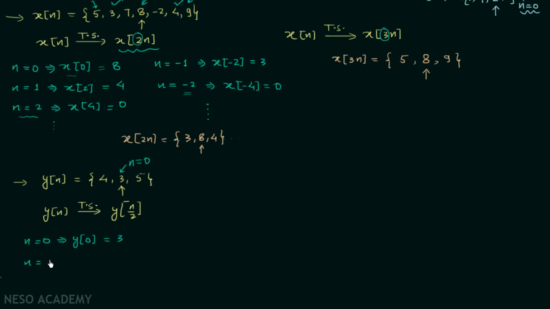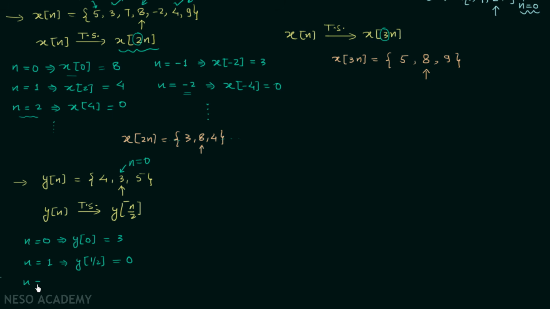Similarly, we will put n equal to 1. This will give us y1 by 2. And you can see that there is no corresponding value of yn for n equal to 1 by 2. Because n cannot be 1 by 2. N is an integer and it cannot be 1 by 2 or 0.5. So 100% we are going to get 0.